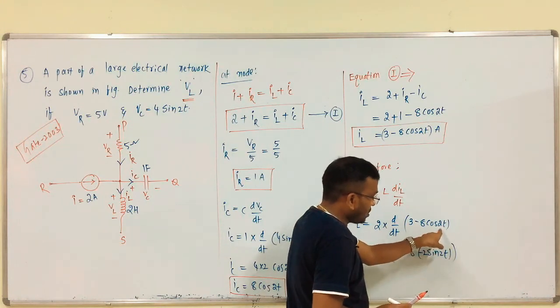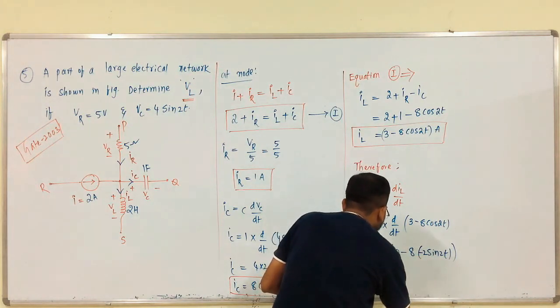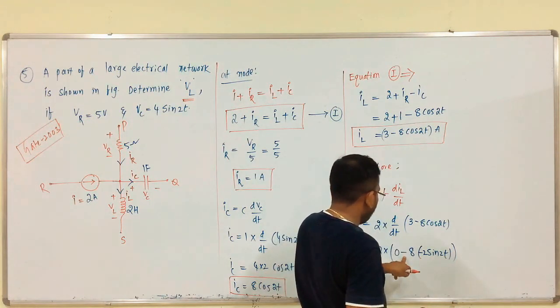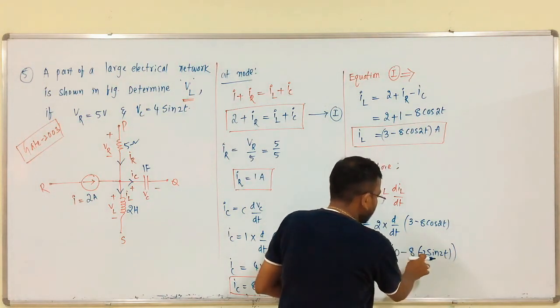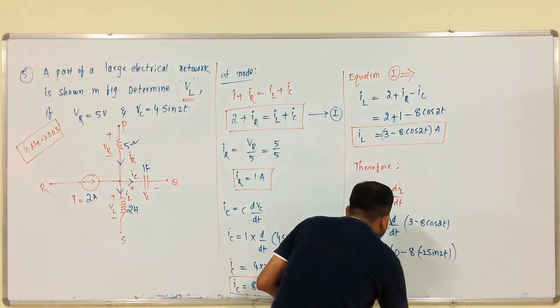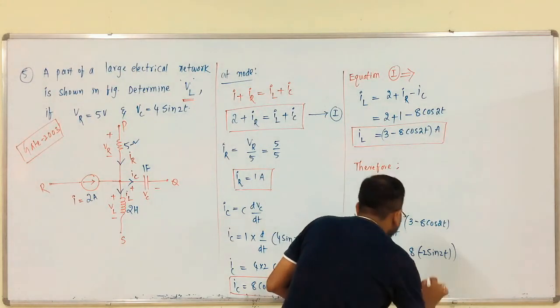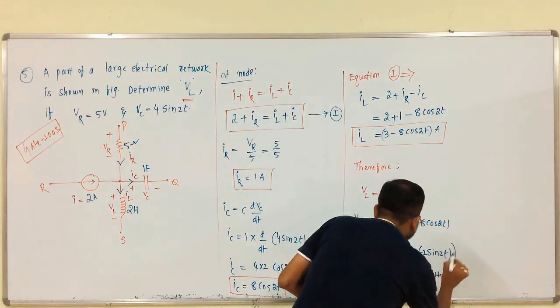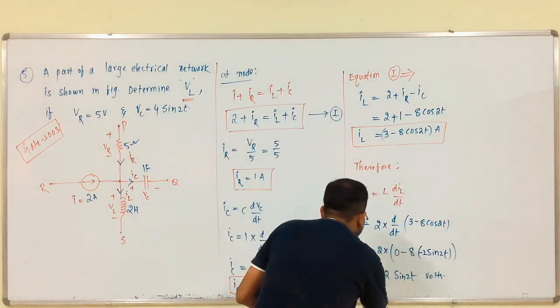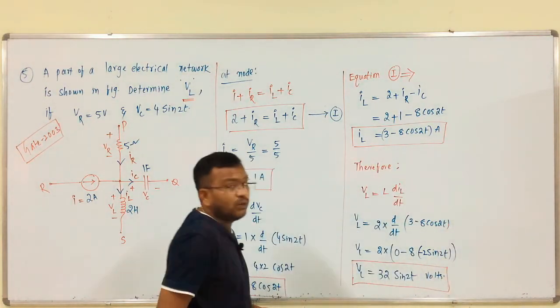So, finally, VL is equal to 2 into minus of minus, plus 8 into 2 is 16, 16 into 2 is 32 sin 2t volts. This is the answer. VL equals 32 sin 2t.